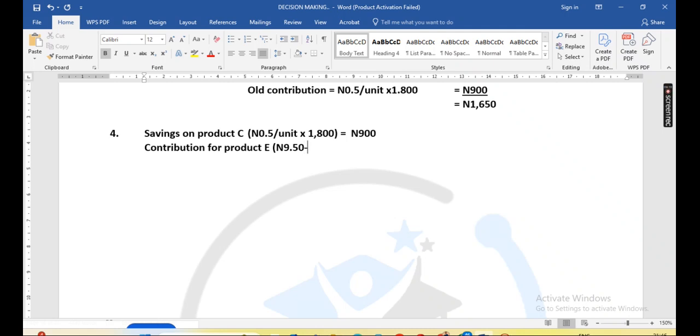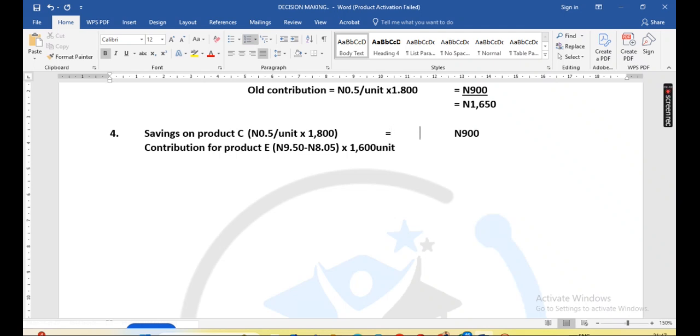Minus, what is the variable cost? 8 naira 5 kobo, 8.05. Times what is the units? 1,600 units. Okay, 1,600.